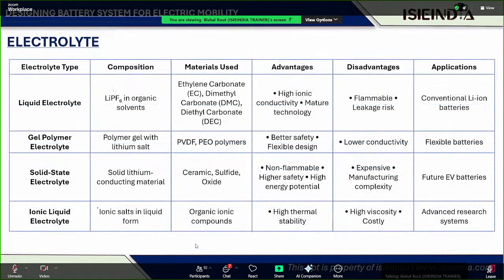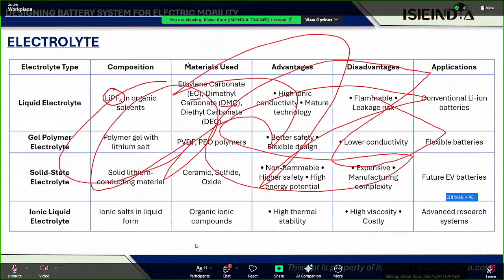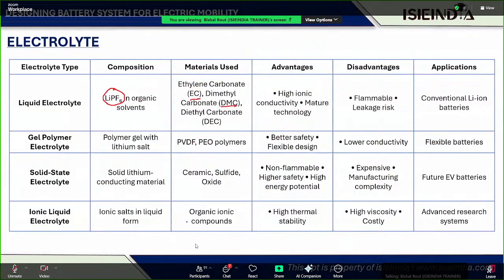So the electrolyte is basically made up of LiPF6, lithium hexafluorophosphate, which is the lithium salt, and the majority of the electrolyte is made up of this. And if I'm talking about the solvent, it is made up of DMC and ethylene carbonate. Guys, I request you not to write anything on the screen.